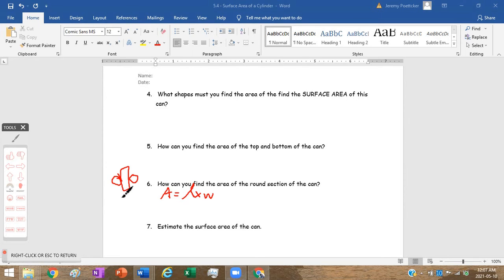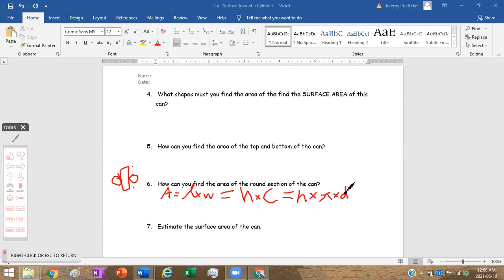That was the height, right? Height times, and we said this distance from here to here is the circumference. Height times the circumference. So we can make that a little bit better yet. We can say, okay, is equal to height times pi times d.